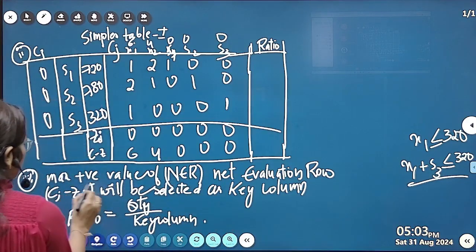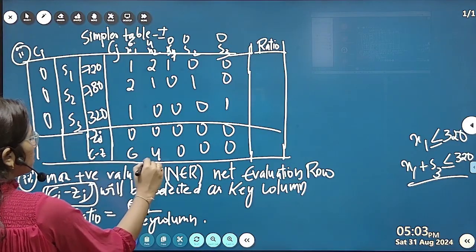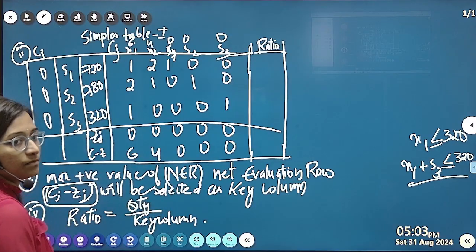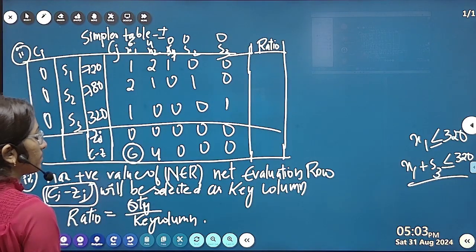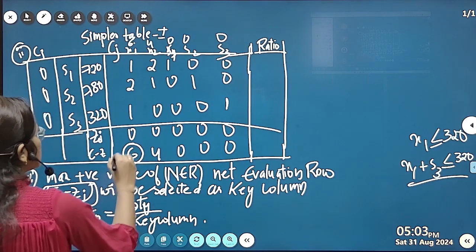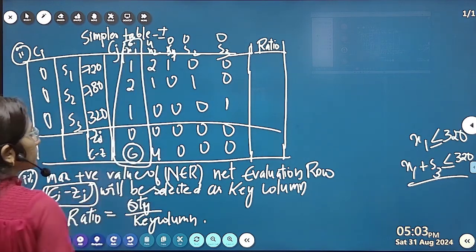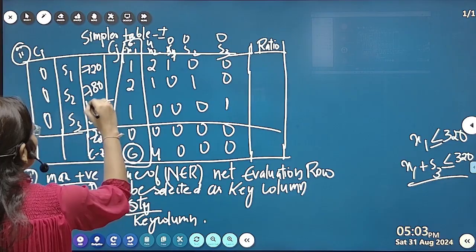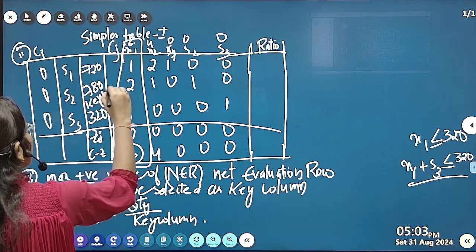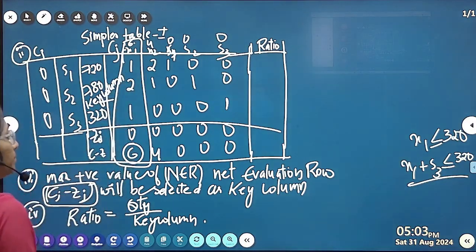So the maximum positive value of NER means this one, right? In Cj minus Zj, which is the maximum value, and that should be positive? So this 6. This is the key column. You need to remember this, very important question, very important method.